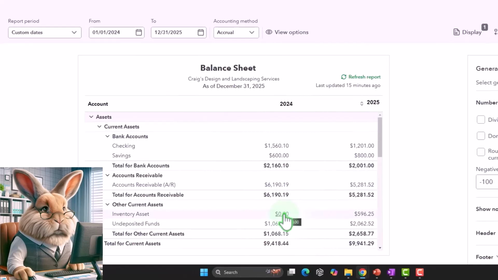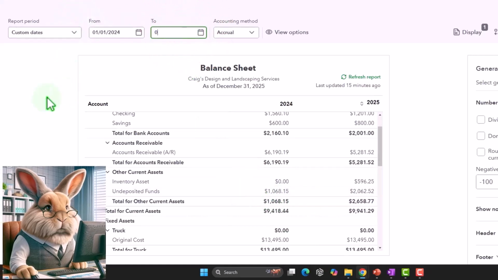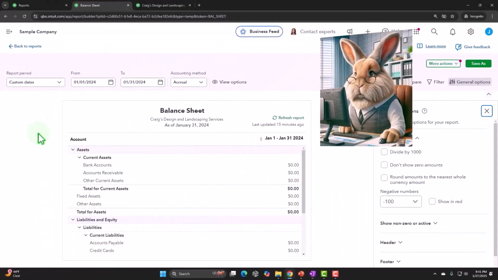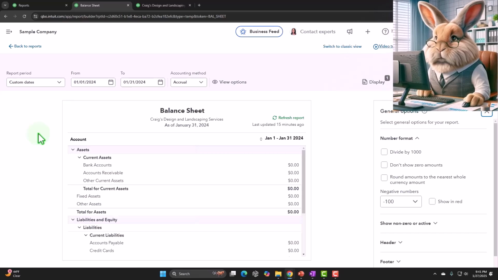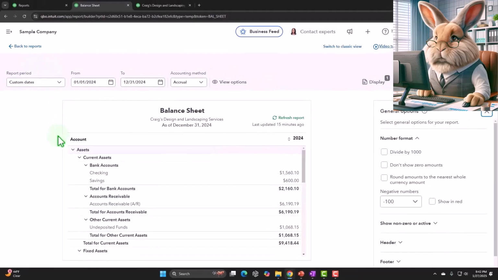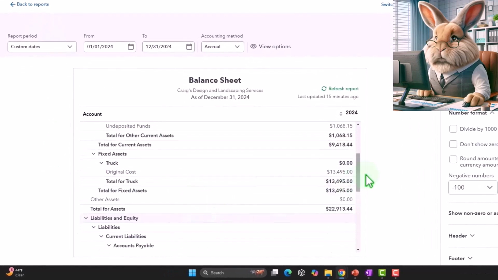Now, for external reporting purposes, let me do it on just one year. Let's go from 01/01 to 01/31/24 to get a better idea of this. So December through, okay. And now we've got a bunch of zeros. Actually, I want to go through the end of the year. Let's do 12/31/24. Like, what happened here? So, okay, so now it's showing zero amounts.